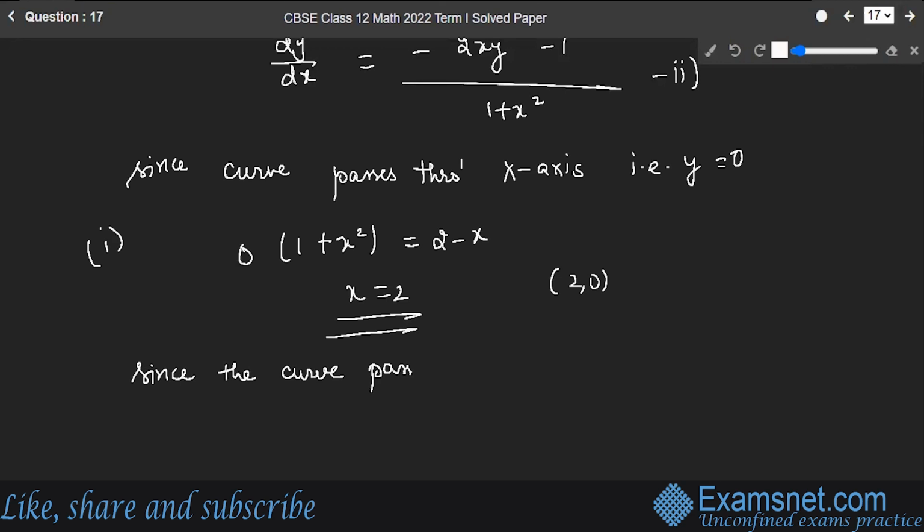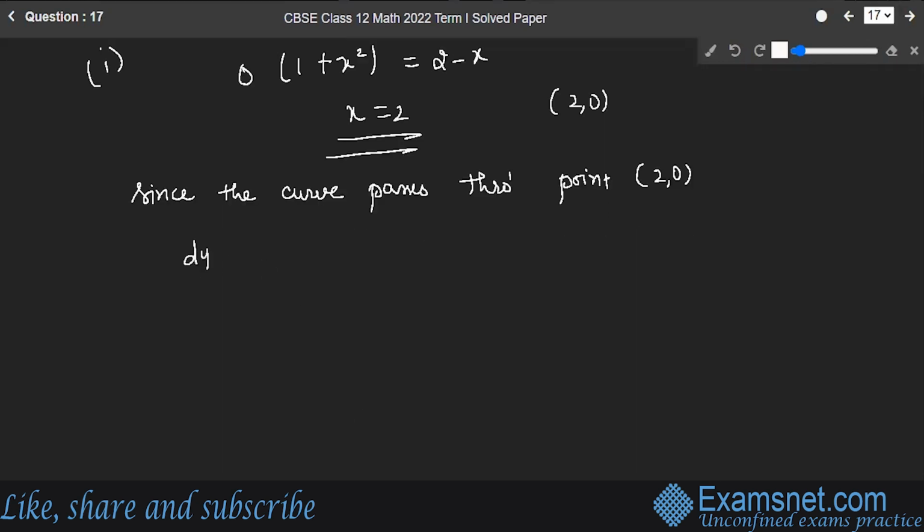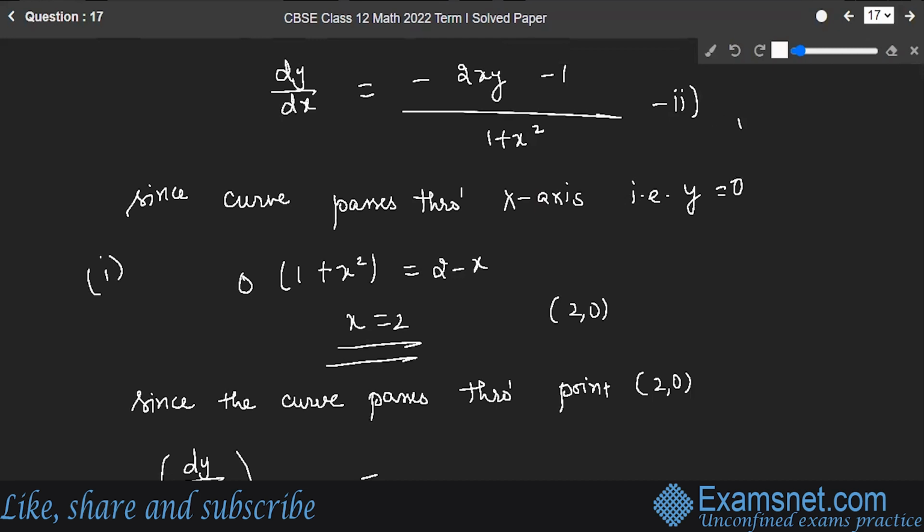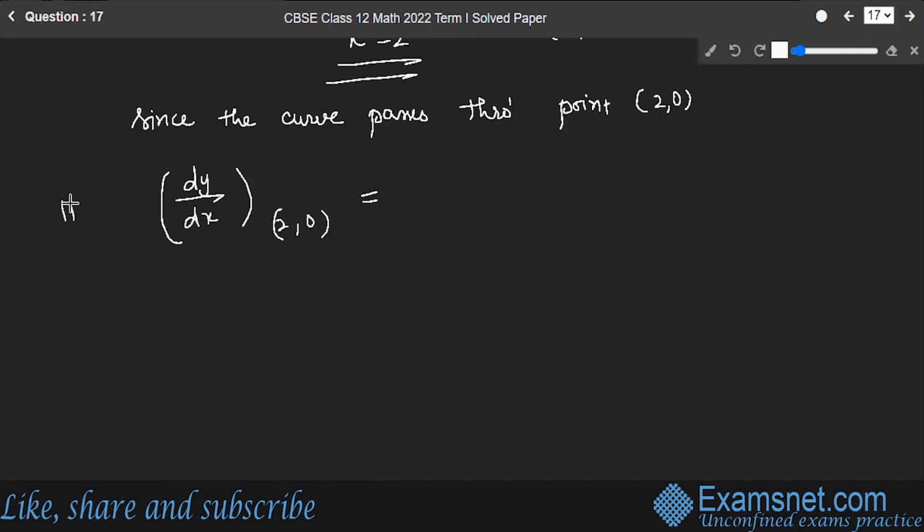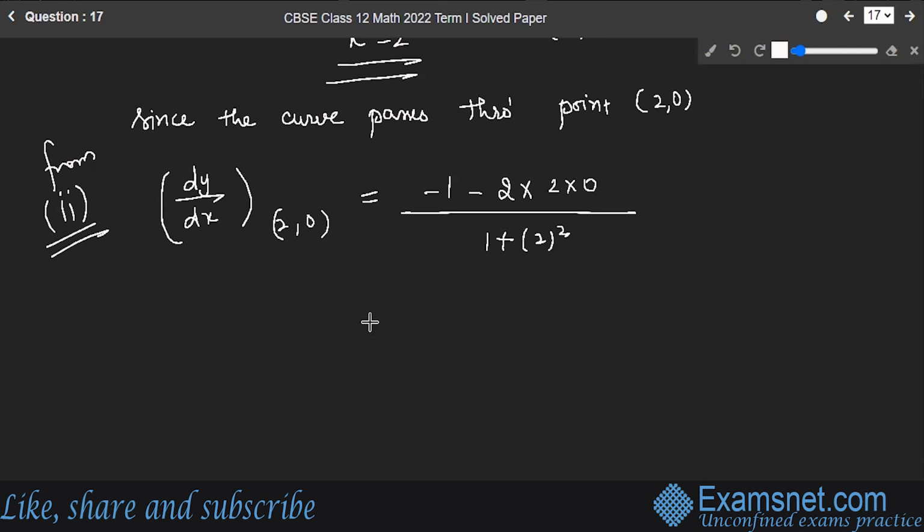Since the curve passes through the point 2, 0, what is the derivative at that point? dy by dx at 2, 0 is equal to, from here, I'm using equation 2 now, minus 1 minus 2 into 0 whole divided by 1 plus x square, so 1 plus 2 square.